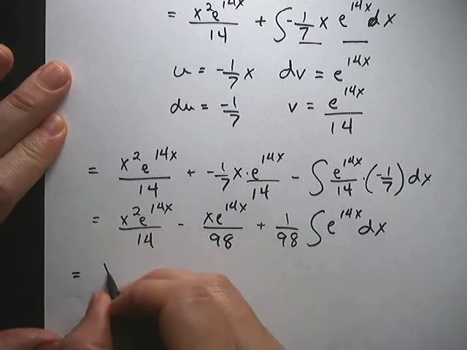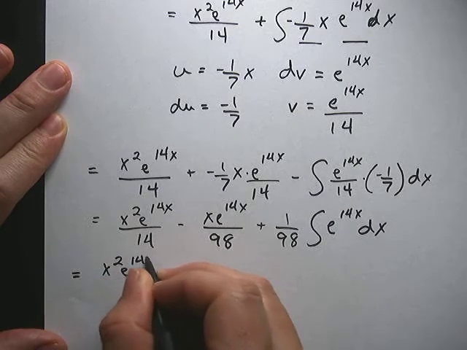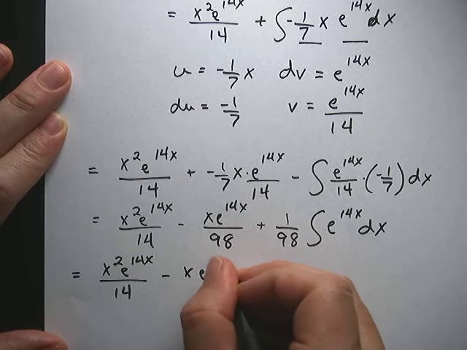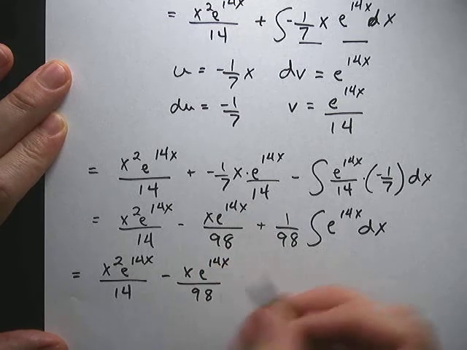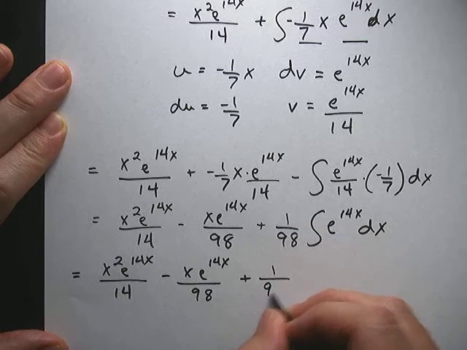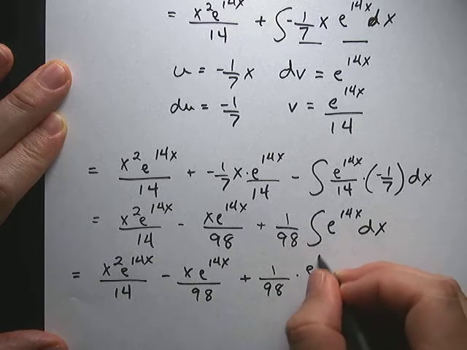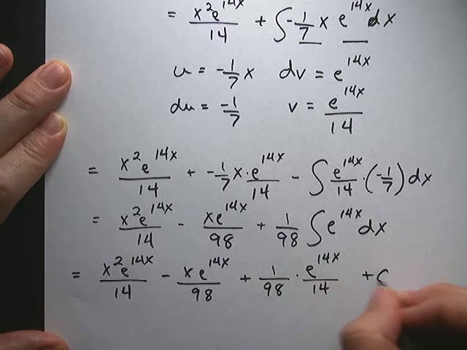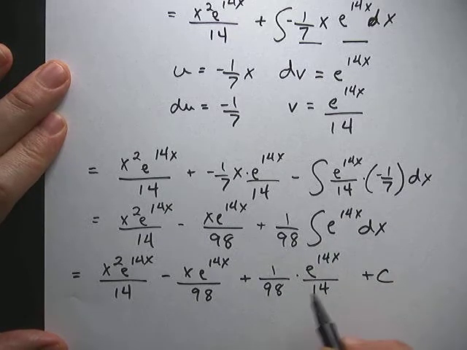So our final answer is x squared e to the 14x over 14 minus x e to the 14x over 98 plus 1 over 98 times e to the 14x over 14 plus c. Now, we'll probably want to write this differently. You don't want a 1 over 98 times and then the 14 in the denominator here.